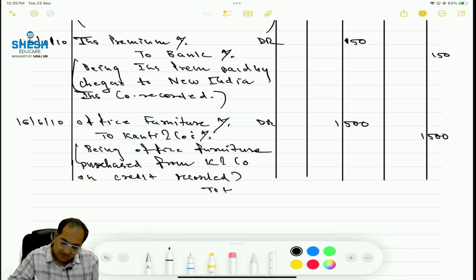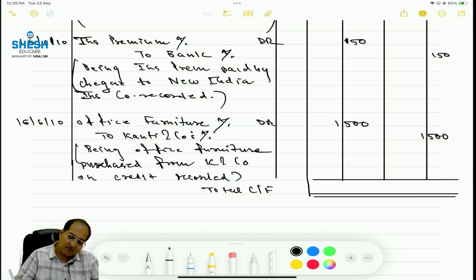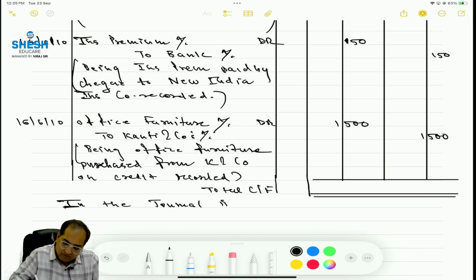Go back to the last page, total carried forward, last line. Whatever is the total. The next page. First line, in the journal book of Selina Jetli.